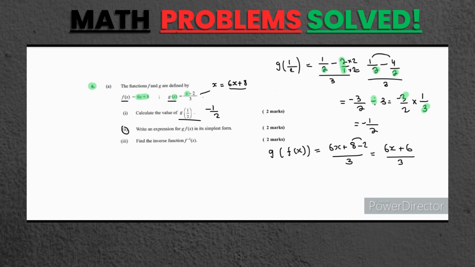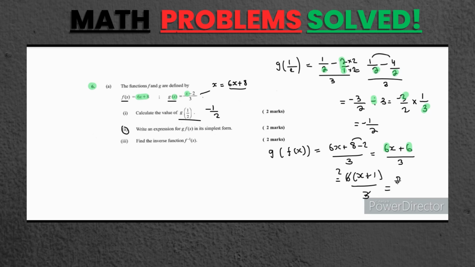You can factor out 6 from here. This and this, you can factor out 6. So when you factor out 6 from there, you will get x plus 1, because when you factor out 6 it will be x plus 1/3, and here 3 and 6 cancel out, right?